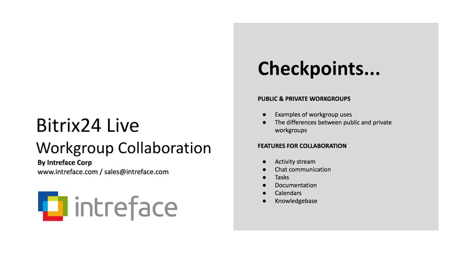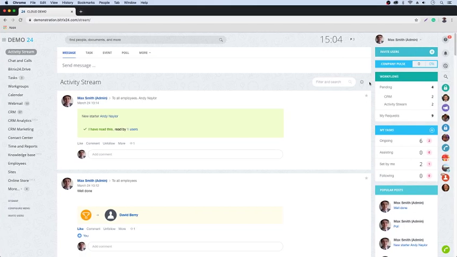So if we jump into Bitrix, we have a cloud solution here, and all the features that I cover today are going to be available on the free version of Bitrix through to the professional cloud and also the on-premise solution as well.